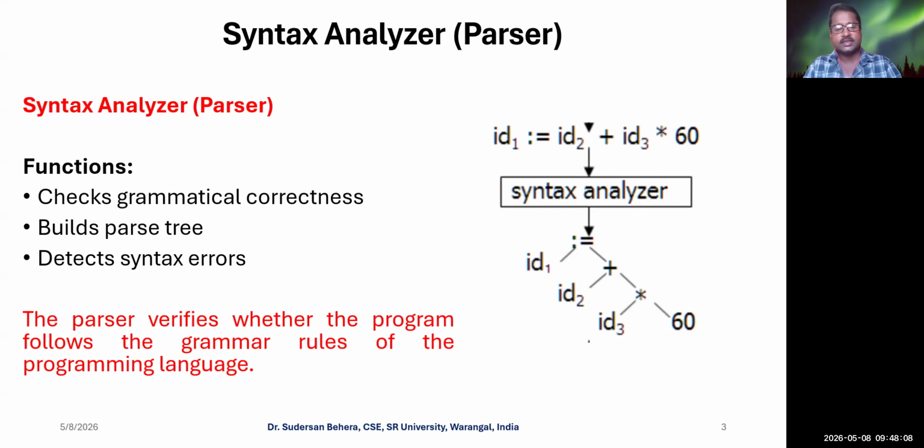Now you see in this diagram, it collected the tokens and imposed a grammatical structure. The grammatical structure cannot be discussed in this class because we are not discussing in depth; we need to discuss a few more things before we go to the grammar.